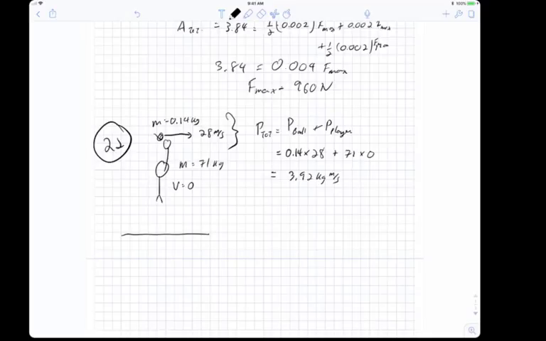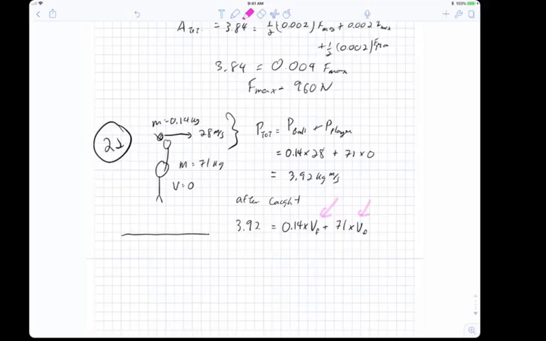And so after they catch it, they're both going to have the same velocity. So the total momentum is going to add up to the same. It's going to be the ball's mass times the ball's velocity plus the player's mass times the player's velocity. And like I said, both of these values are the same.